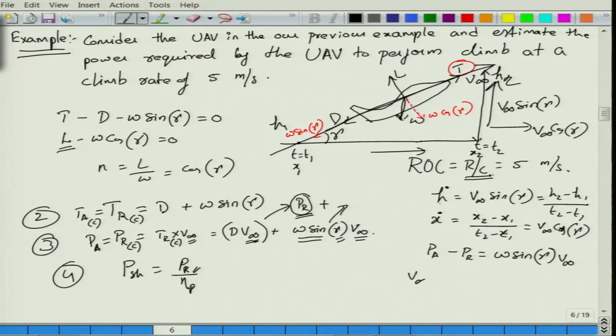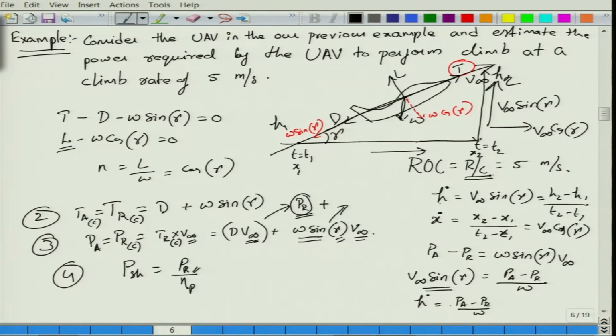So, this V infinity sin gamma is power available minus power required upon W. The difference between PA and PR is the excess power, and when divided by W we call it specific excess power. So, the rate of climb h dot is equal to PA minus PR upon W.